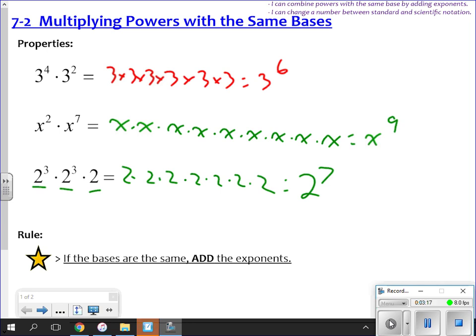Can we just add exponents and then get it? I was going to ask that earlier. So that's our new rule. Add the exponents. Now, these two, it's really easy to see. 4 plus 2 gives us our 6 for there. 2 plus 7 gives us our 9 that we have here.